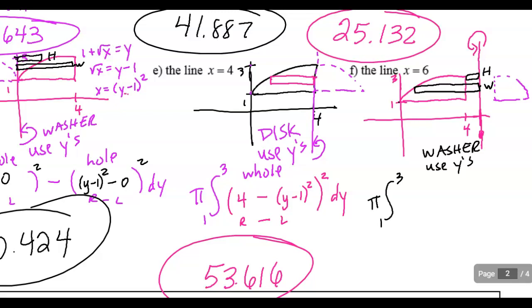And we're doing hole minus hole. So it's still right minus left. So right is touching 6 minus the left is touching the curve. And that's squared. Minus my hole, the right is touching 6. The left is touching 4. Squared.